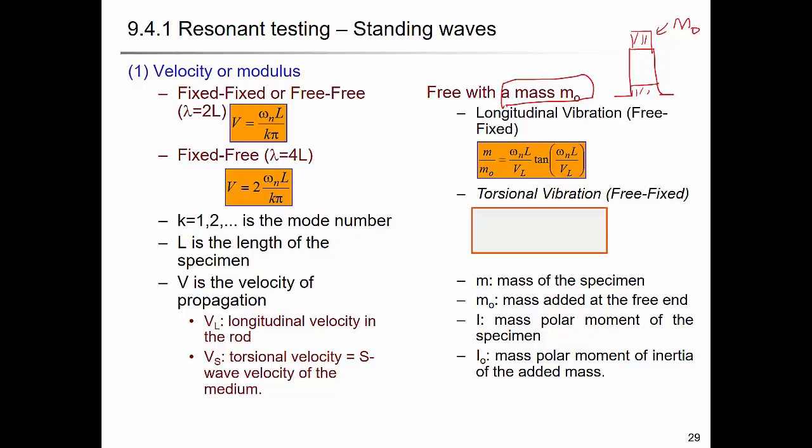Here, you can see that m over m naught is a function of the longitudinal wave velocity, the resonant frequency, and the length of the specimen. For torsional vibration, instead of m you use the polar moment of the specimen I, but the formula is pretty much the same shape.